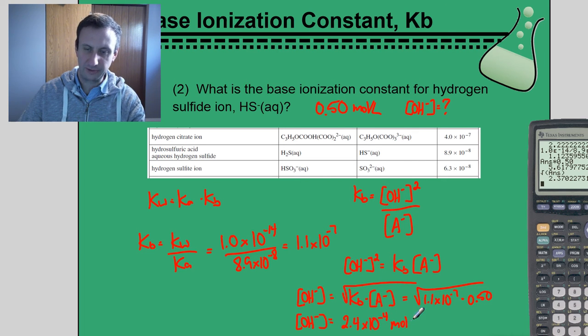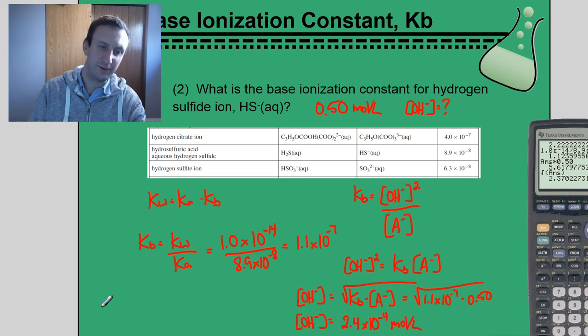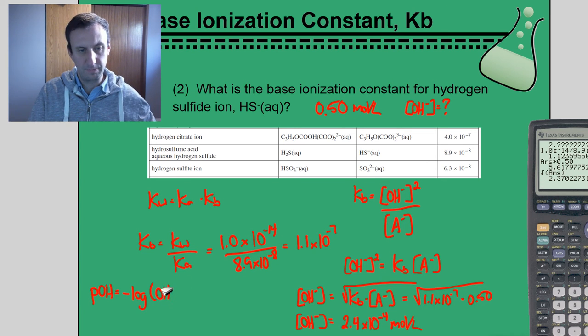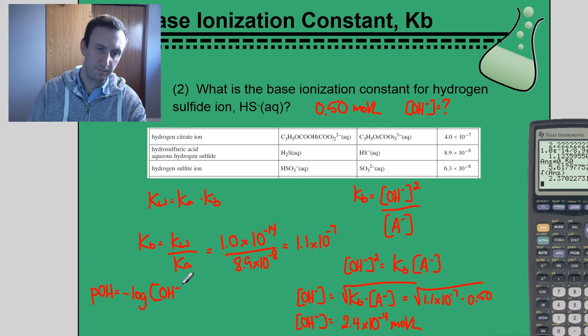Now that I've got this concentration for hydroxide, I can figure out a pOH. I'll do that over here because that's the last little bit of area I have left. pOH is the negative log of my hydroxide concentration. So I have negative log of 2.4 times 10 to the negative 4 moles per liter.